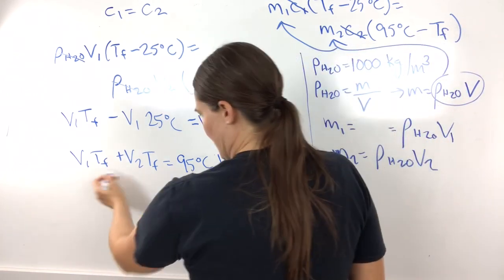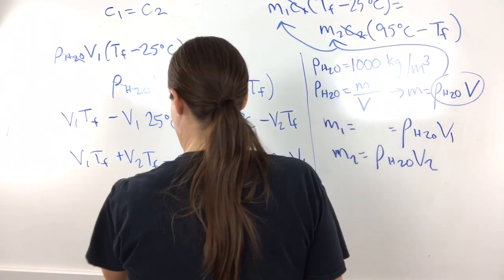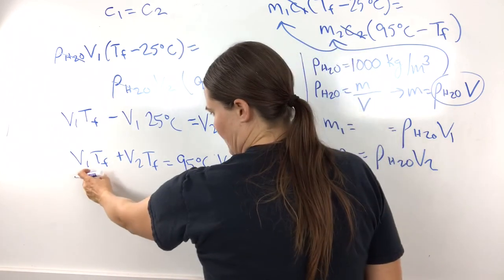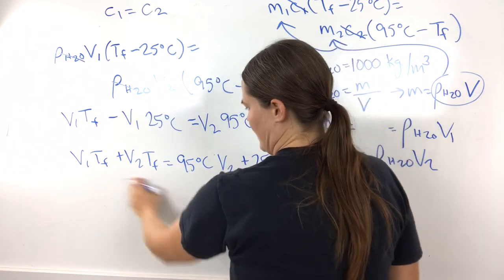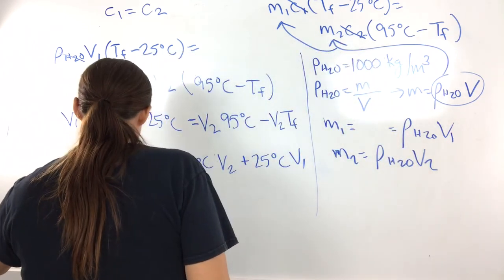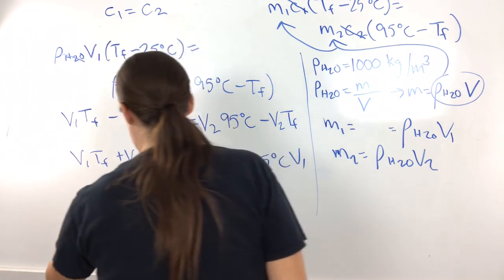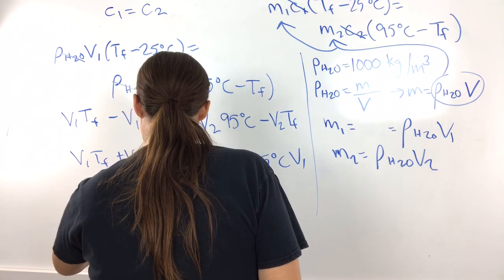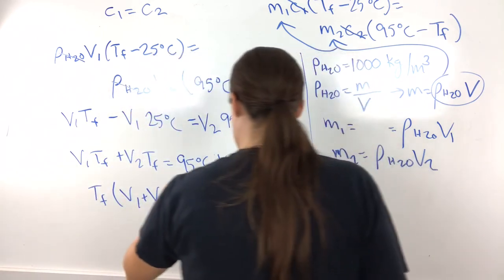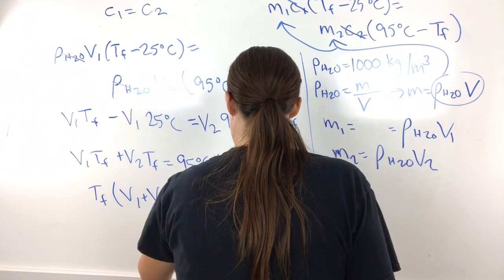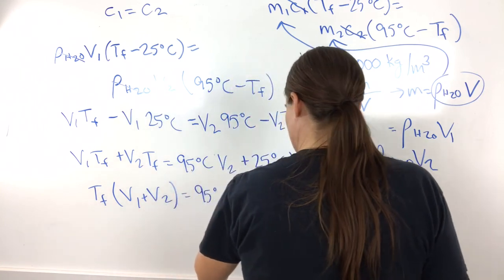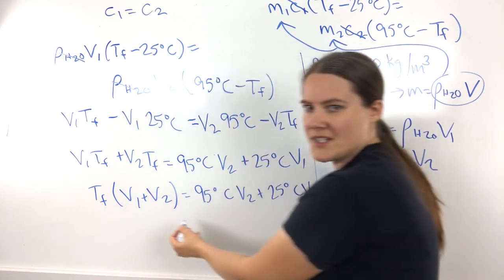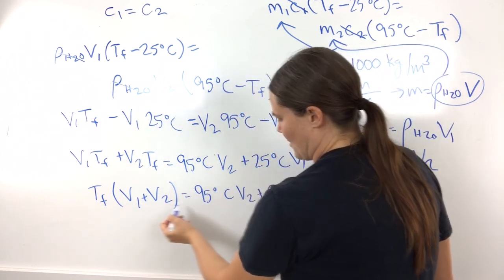So now I want to pull the final temperature out of this term so that I can divide the V1 plus V2 over and calculate temperature final. So if I pull the final temperature out of this equation, I get TF multiplied by V1 plus V2, and this is equal to 95 degrees Celsius multiplied by V2 plus 25 degrees Celsius multiplied by V1, and then I can just divide this term over.